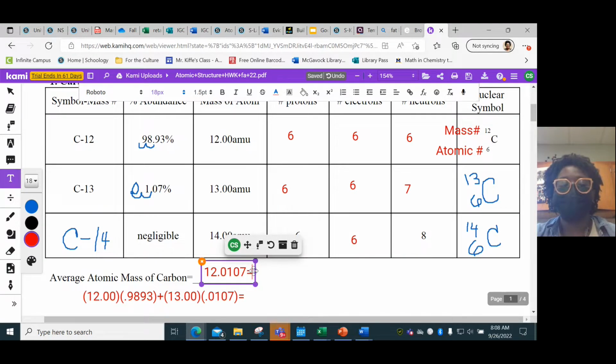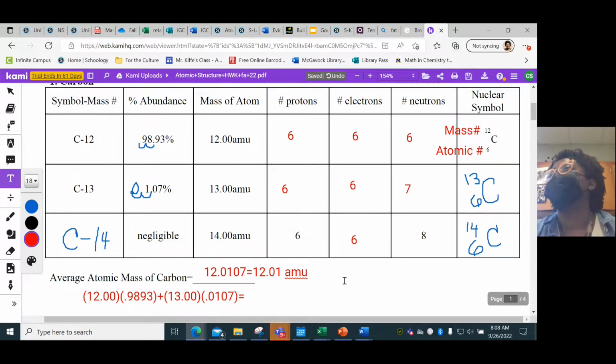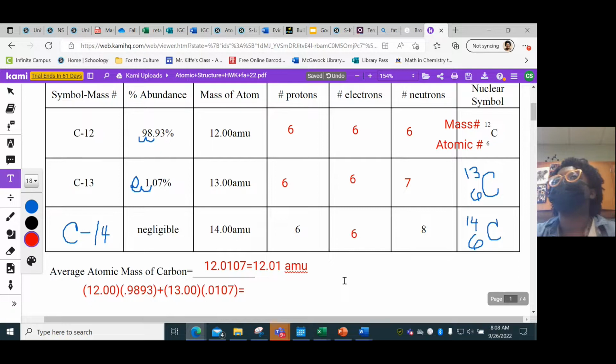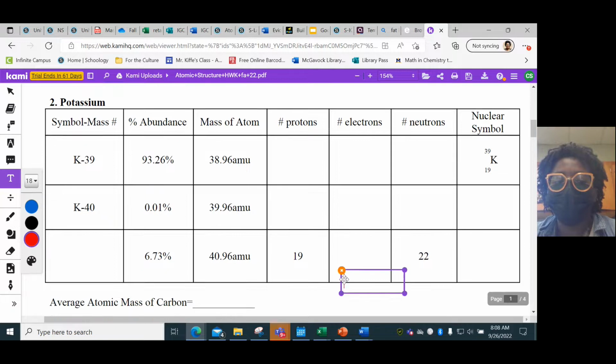Yes, okay. Sig figs, 4 spots. So this would be 12.01 AMU. Those are your units for this unit. AMU, average atomic mass unit. Atomic mass units. Dear God, that was low, bro. Man, I just stumbled through that. That was aggressively horrible. All right, next one.